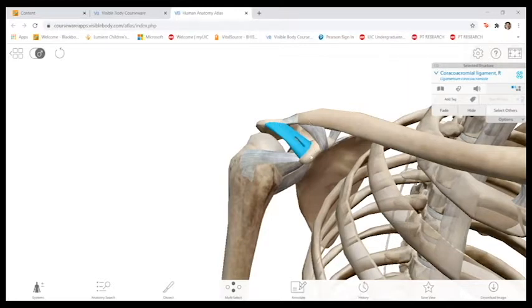Here we're going from the coracoid to the clavicle, so this is the coracoclavicular. We see the coracoid process going to the acromion, so we have the coracoacromial ligament. We see the acromion going to the clavicle, so we have the acromioclavicular ligament. It doesn't work all the time, but just for these 3, going from one bone to a higher bone feature is how you can name your ligaments.